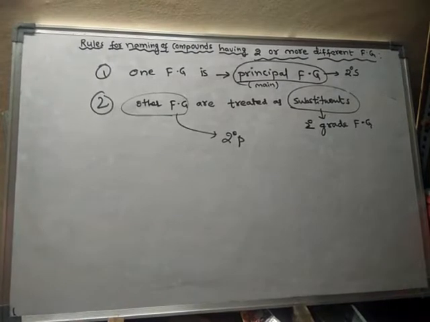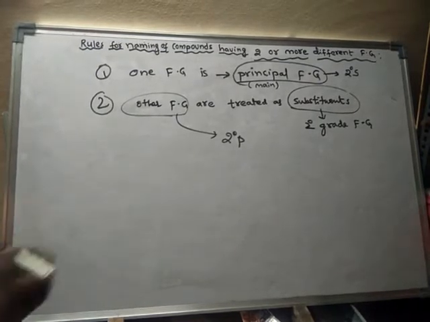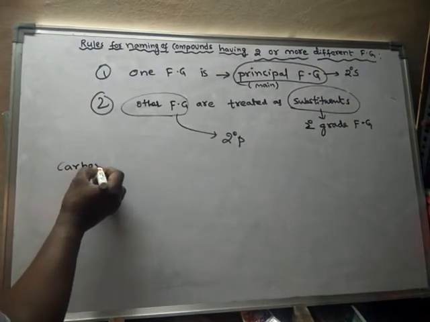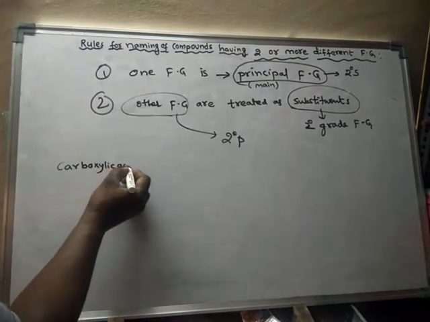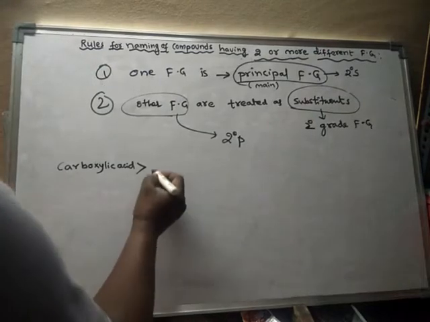For this, scientists have given an order of preference of several functional groups. Now let us learn the order of preference. First, the carboxylic acid functional group is given more preference than sulfonic acid.